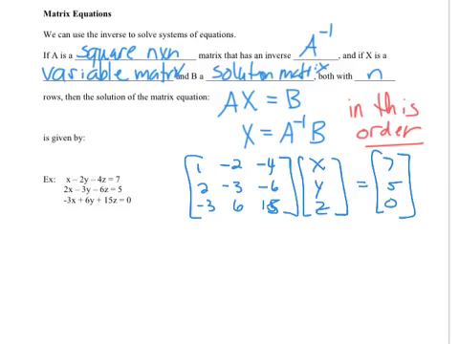So what you would do is enter two matrices in your calculator. You would enter your coefficient matrix into A and your solution matrix into B. And then call up matrix A, invert it, and then multiply that. Call up matrix B and multiply them together.